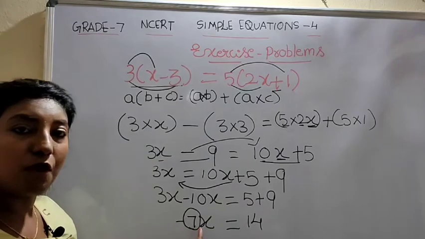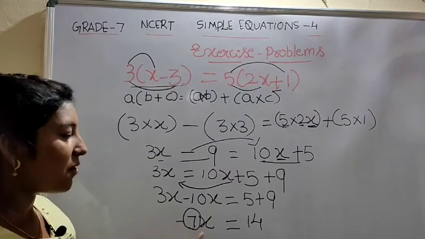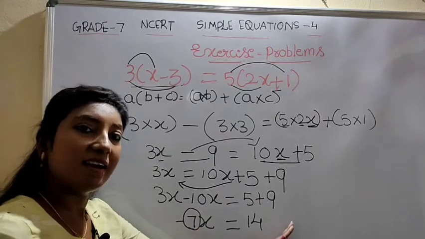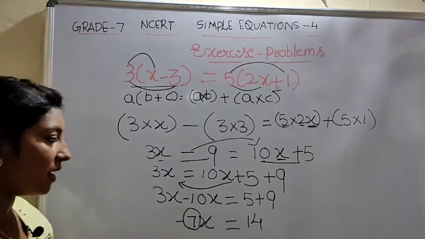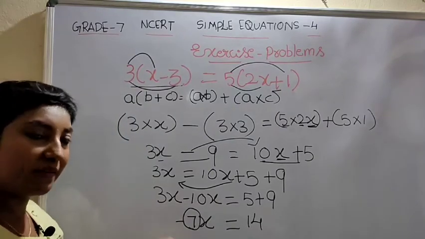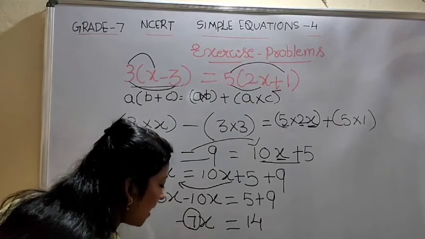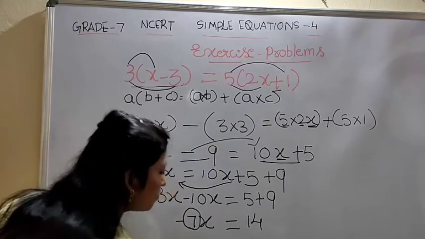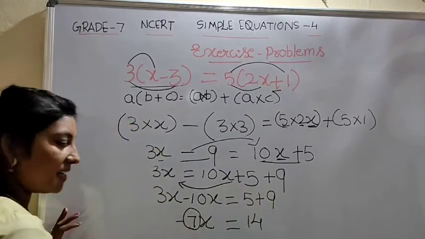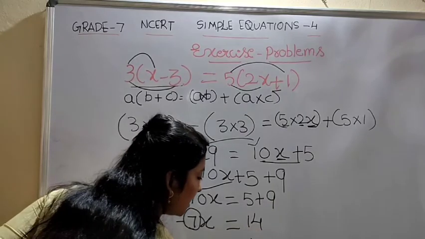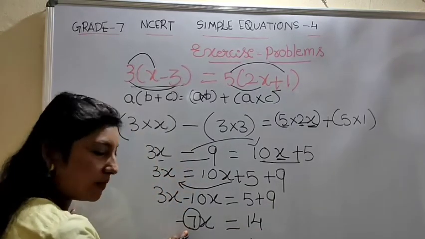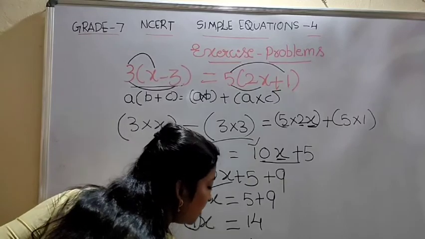Here it is performing multiplication. When it goes to the right hand side, it will do division. So now minus x equals to, I am sending this to the right hand side, 14. While it is doing multiplication here, it comes here as division.